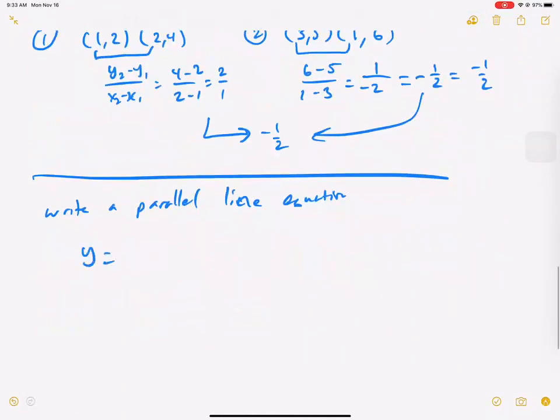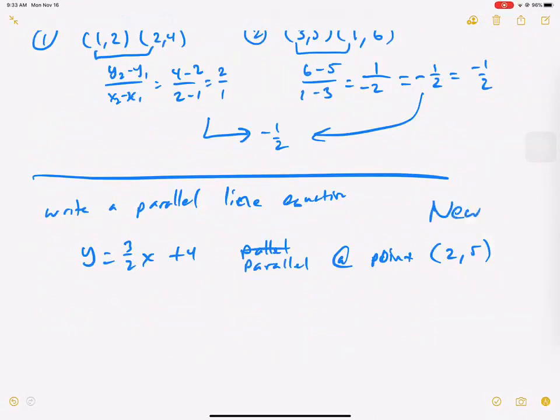If I give you the equation y is equal to 3 over 2x plus 4, I want you to write a parallel line at point (2, 5). So I want you to write a new line, parallel to our old line, but crossing through this new point.